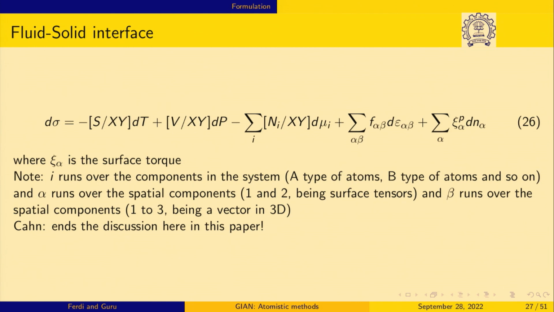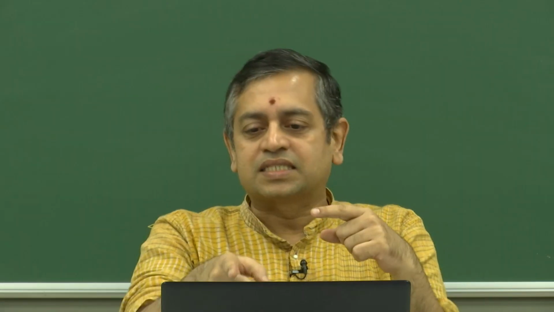And what is this chi? Chi is also something that Kahn introduced, and even Herring has, but Kahn tried to do this. It is called the Kahn-Hoffman vector. So, they tried to give the description of the interfacial energy by taking into account the orientation effect, and this chi is basically the Kahn-Hoffman vector which describes the surface orientation.